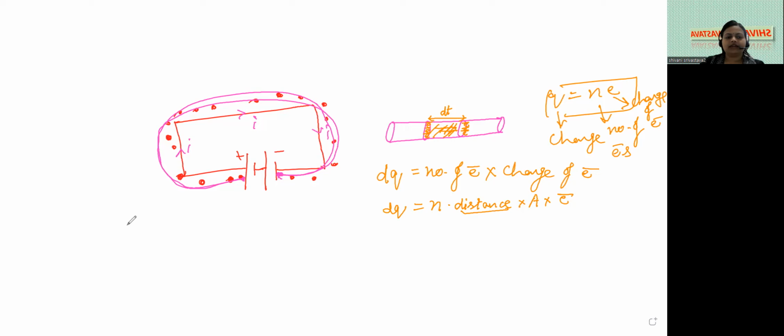So we know velocity is equal to distance upon time. Here, as electrons are moving in a circuit, they are colliding and all. So here the velocity will be Vd, drift velocity, is equal to distance upon a very short time we are taking here.